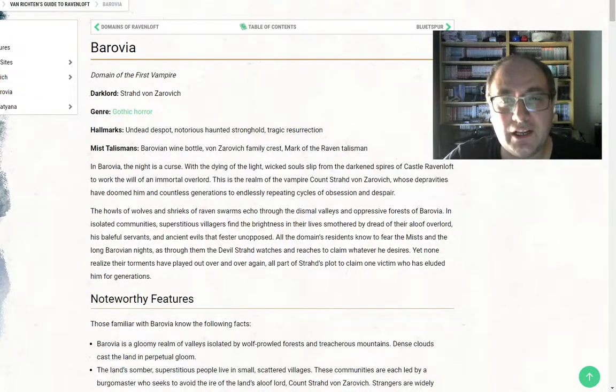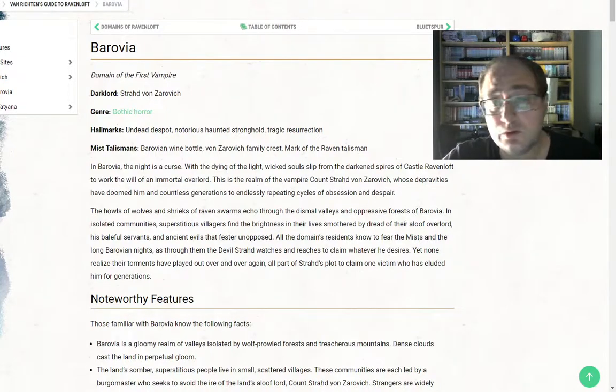You can see very clear influences in this domain. So in terms of genre, sure, Gothic horror is perfectly appropriate, and you could play a pretty good Gothic horror campaign if you wanted to.